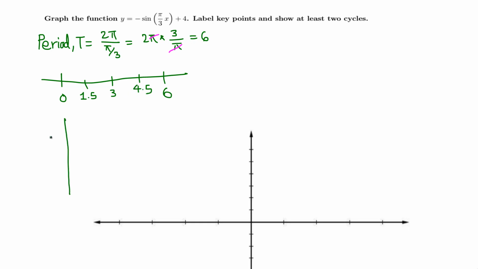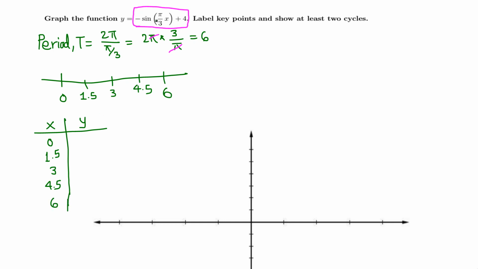So we make a small table. These are x values for key points, and we find the corresponding y values from this function. So x is 0, 1.5, which is 3 halves by the way, 3, 9 halves, and 6.